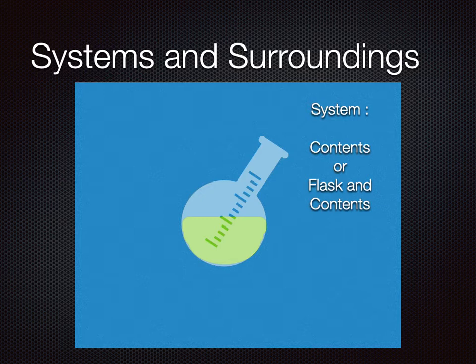On the other hand, we could draw the boundaries to be everything not the flask and the contents, and we could define the system as the flask and the contents, in which case heat flow from the system to the surroundings would be from the flask out into the air around it, which gets to the idea of surroundings, right? Surroundings then are everything else. Once you define your system, your surroundings are all the other things that are not the system.